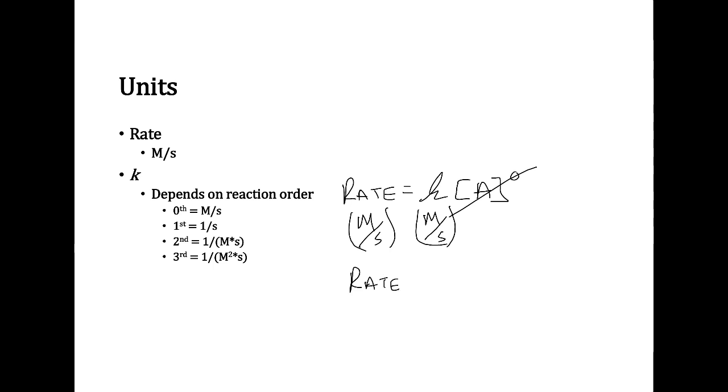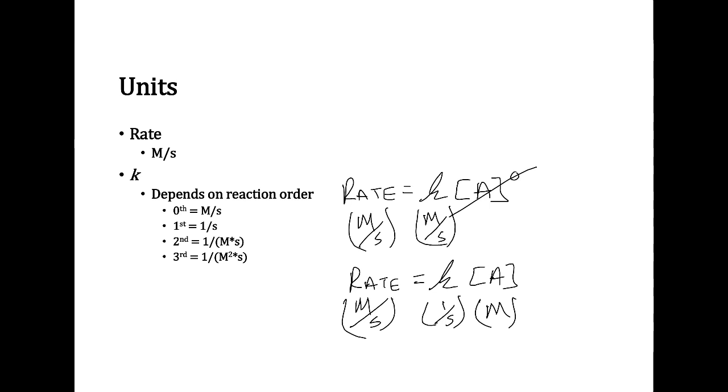Well, here we have rate is equal to K times the concentration of A. Well, if rate again has units of molarity per second, concentrations in molarity, that means the units for K has to be 1/second. So you can tell the order of the reaction by just looking at the units of K.